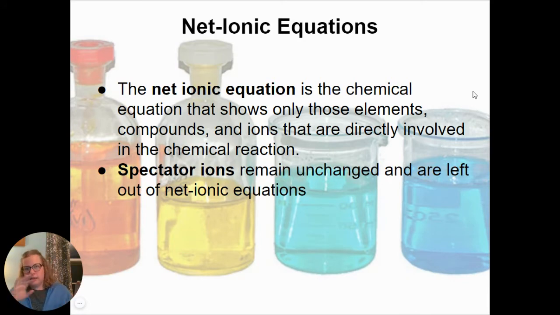While technically the rearrangement is changing from start to finish in a chemical reaction, sometimes some things that may appear to change don't actually change in the process. And so the net-ionic equation leaves out the unchanged things. The things that don't change in your chemical reaction are called spectator ions. They are called spectator ions because they just sit around and watch your chemical reaction.